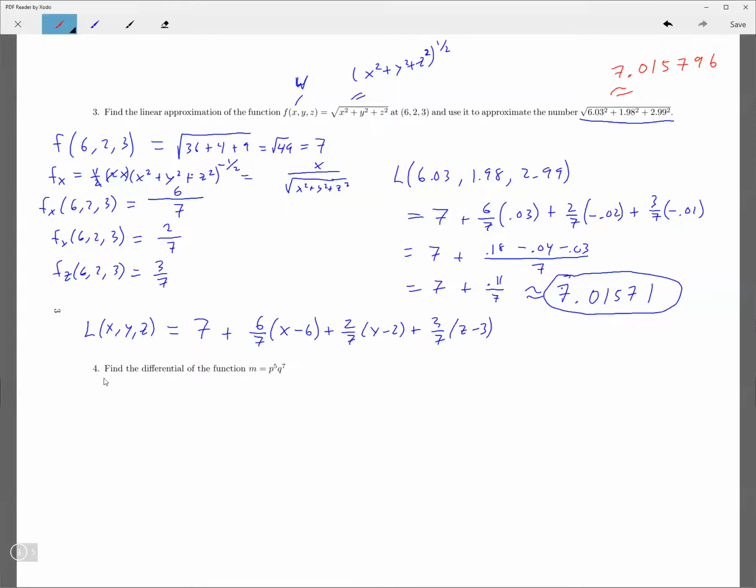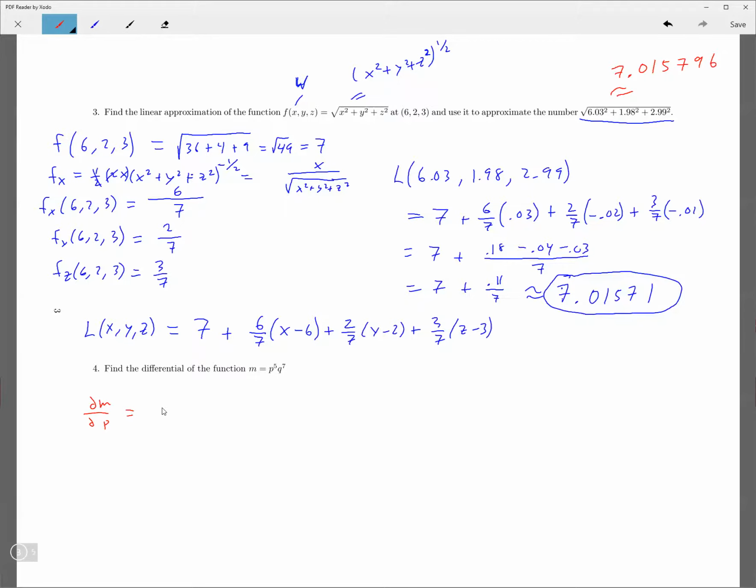Okay, so let's go on to number 4, find the differential. The differential was basically, you just take the partials and then tack on dx's or dy's or whatever. Here it would be dp's and dq's on the end of them. So what's the partial with respect to p of this?